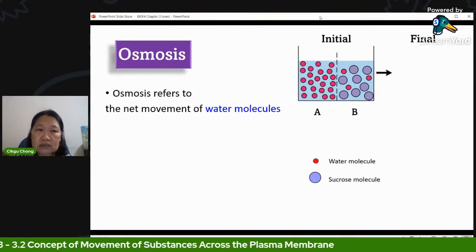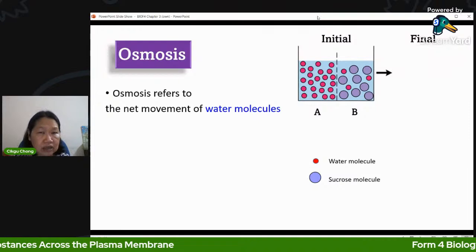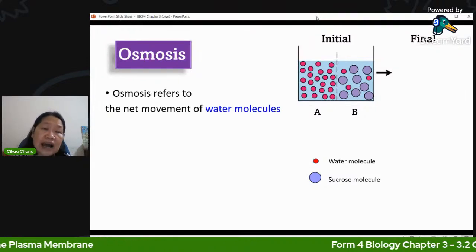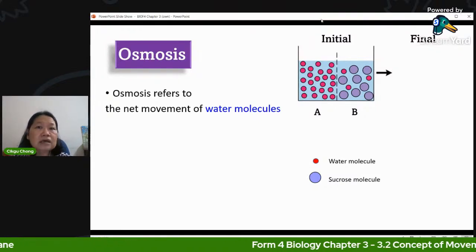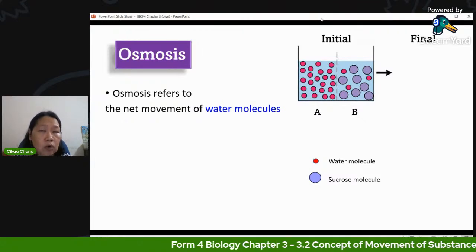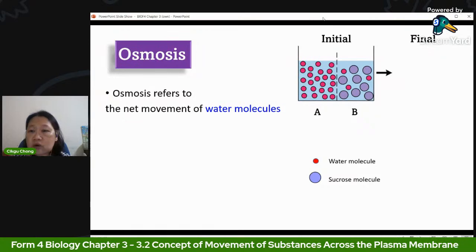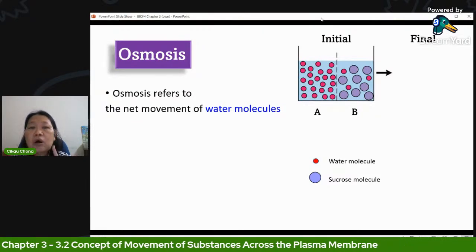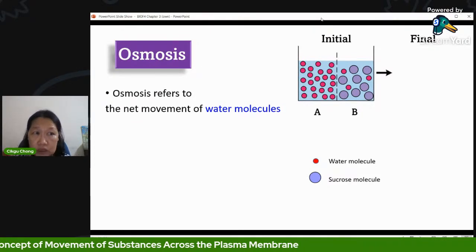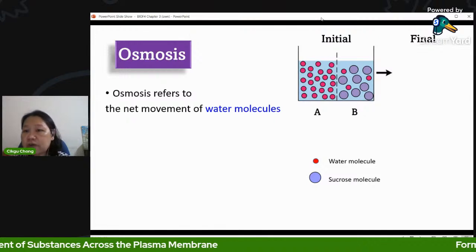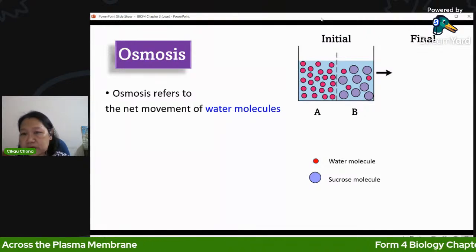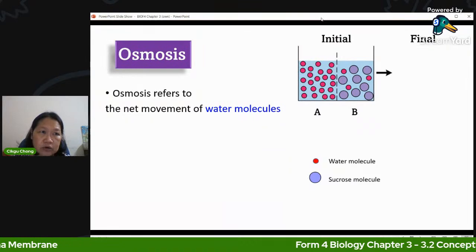You cannot use osmosis to refer to ions moving or diffusing, or other molecules, lipids or other substances, oxygen, carbon dioxide. You can only use osmosis to refer to water. So for osmosis, I can tell you what is important.